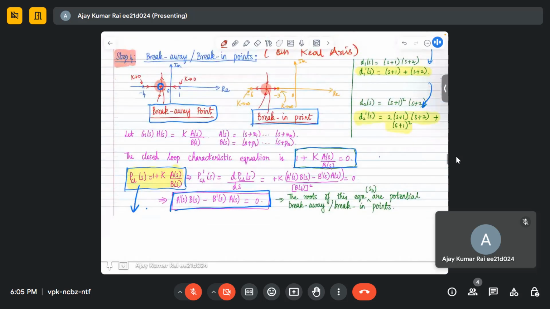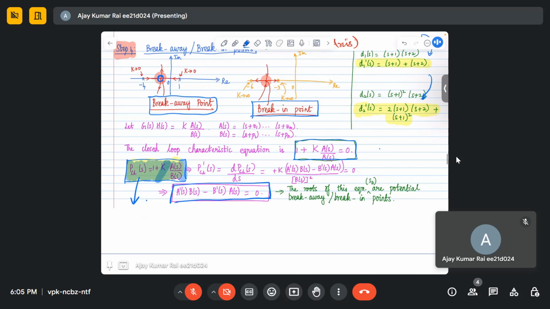So this is the condition. Let me highlight it. I will put the characteristic equation 1 plus k times A(s)/B(s) equal to 0, differentiate it, and calculate the value of s.